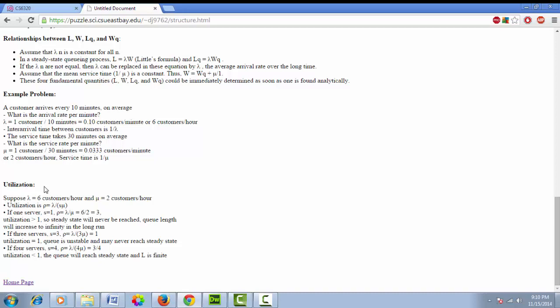Similarly, if s is equal to 3, the utilization will be 1 and the queue is unstable, and may or may not reach the steady state. If there are 4 servers, then it is 6 by 2 into 4, which is 3 by 4, so utilization is less than 1. The queue will reach the steady state and the queue will be in a finite state.